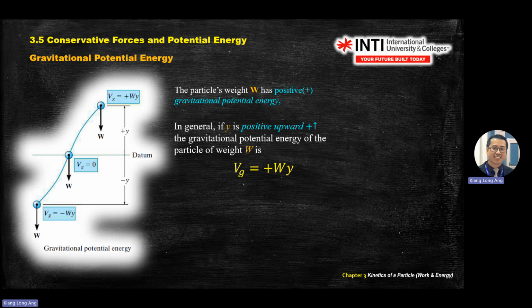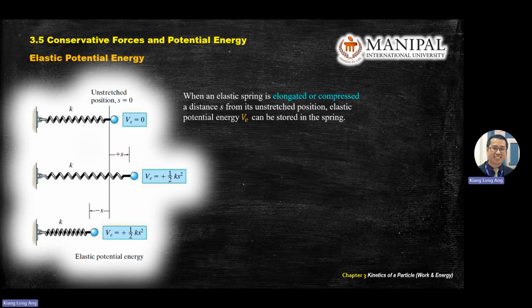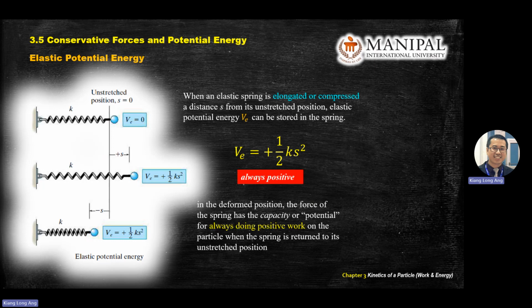If the object starts from below, then you have a negative mgh at the beginning, depending on the datum. For a spring, you always have a positive spring energy, so half ks squared, always positive.